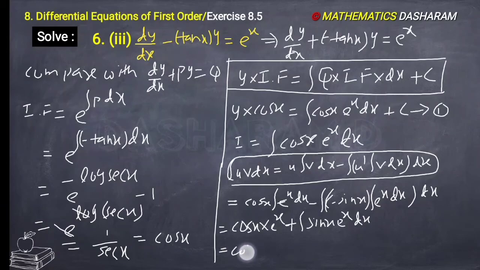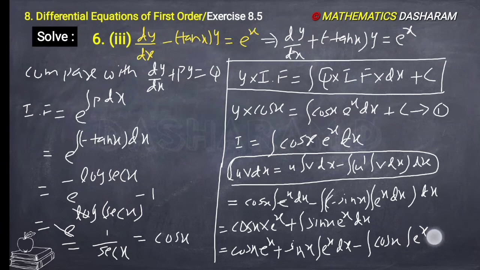So it equals cos x into e power x plus, once again applying the u into v formula. Here sin x is u, integration e power x dx, minus integration of the derivative of sin x, which is cos x, into integration e power x dx, whole dx.